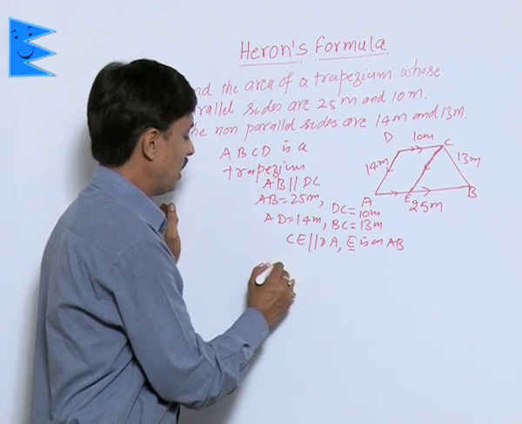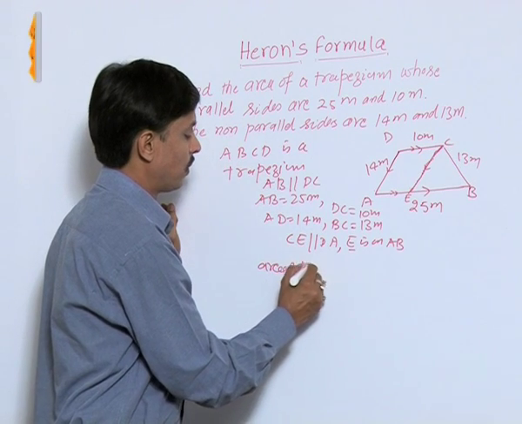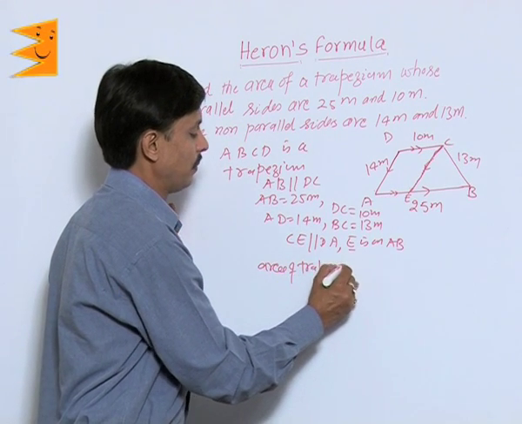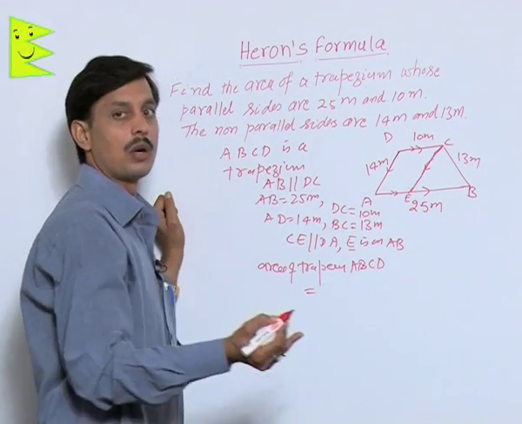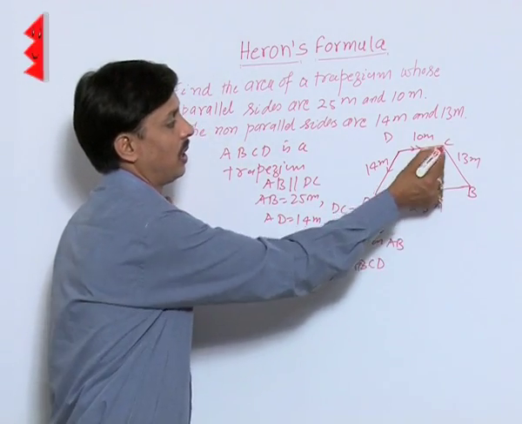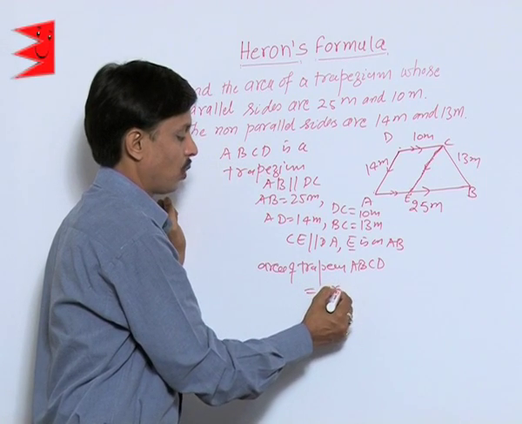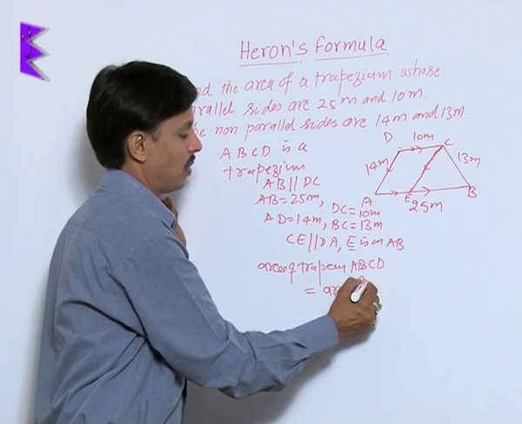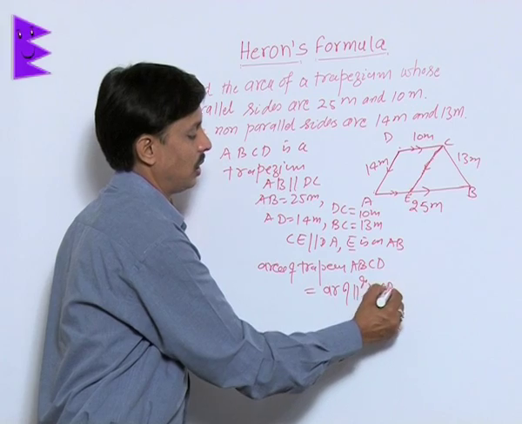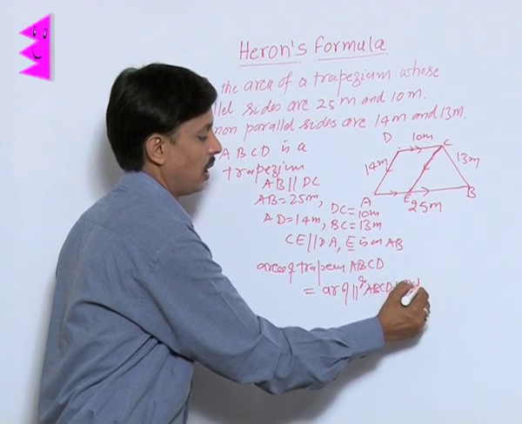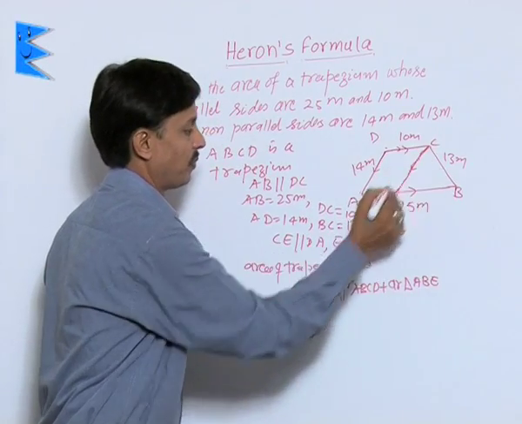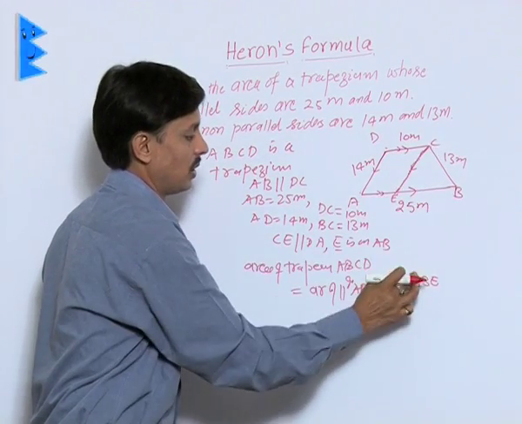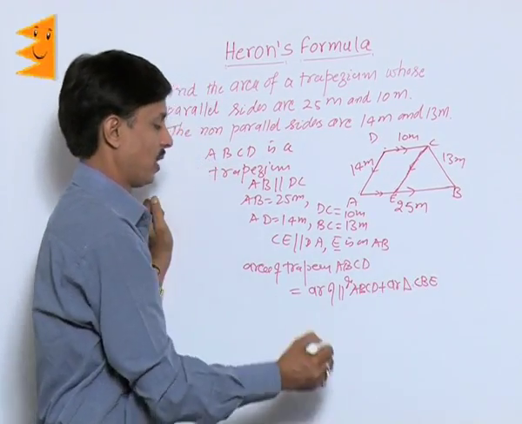So the area of trapezium ABCD is the sum of the area of parallelogram AECD plus the area of triangle CBE.